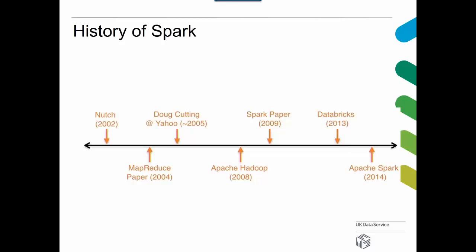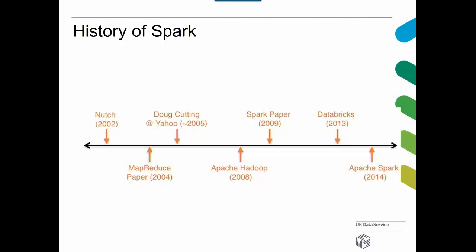In 2009, Matei Zaharia at UC Berkeley wrote a paper as part of his PhD thesis on a product called Spark, the idea being that it would combine all the different types of processing available in Hadoop into a single system, and it would be far more interactive and a lot quicker than the MapReduce systems that were current at the time.